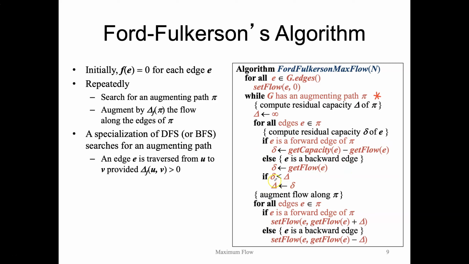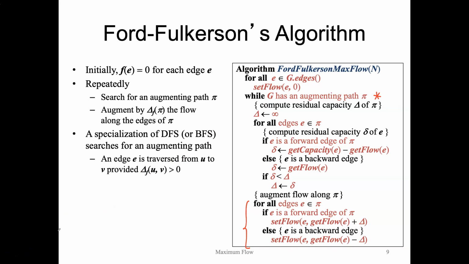And then set the residual capacity for the path as just the smallest residual capacity of any edge. And then, now that we've computed that, change the flow of the network by changing the flow along this augmenting path, increasing by this residual capacity for forward edges, decreasing by this residual capacity for back edges.